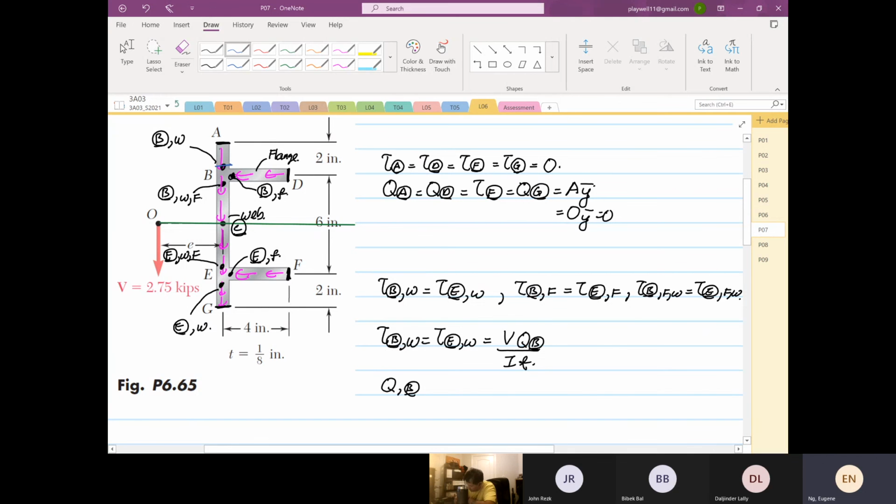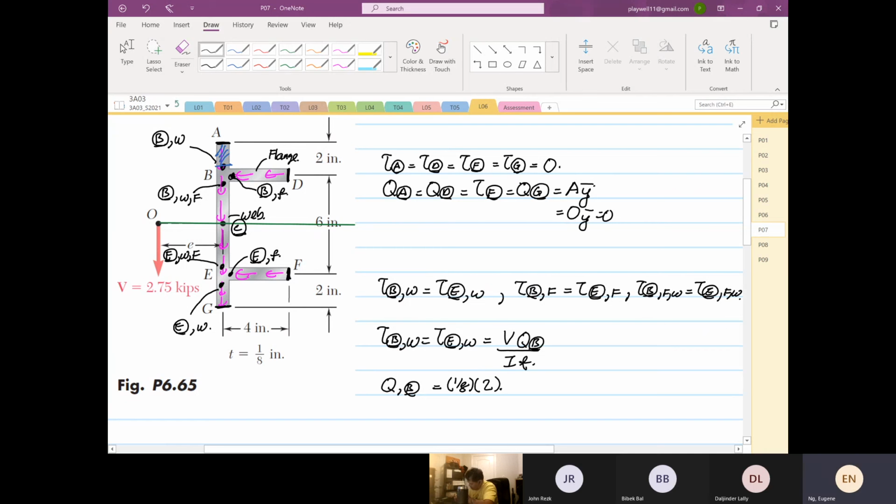It is this area that I just shaded. The width is equal to 1/8. The depth is 2.